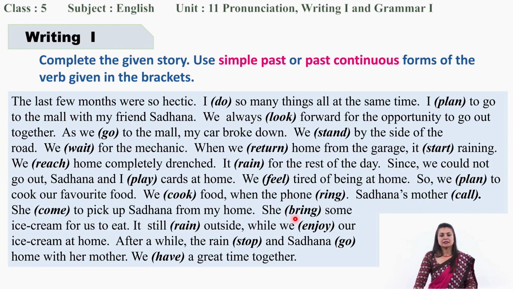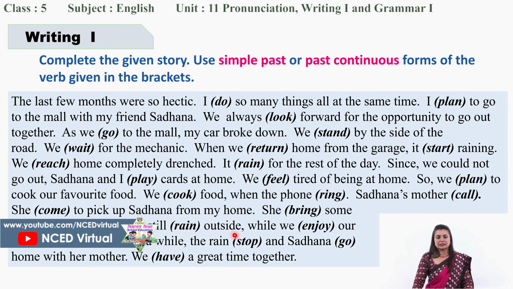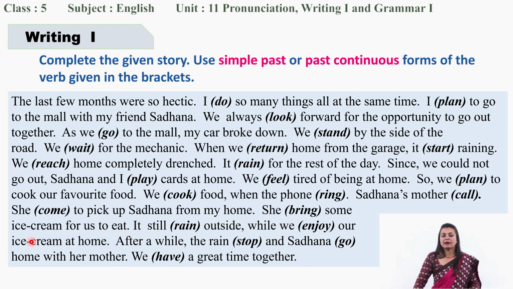She, in bracket, bring some ice cream for us to eat. It still, in bracket, rain outside while we, in bracket, enjoy our ice cream at home. After a while, the rain, in bracket, stop and Sadhana, in bracket, go home with her mother. We, in bracket, have a great time together.